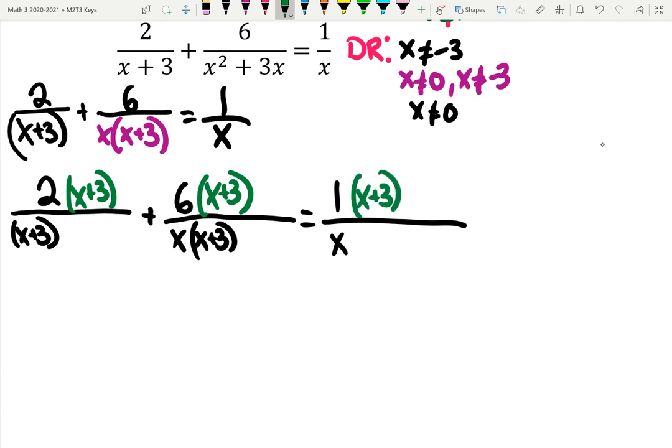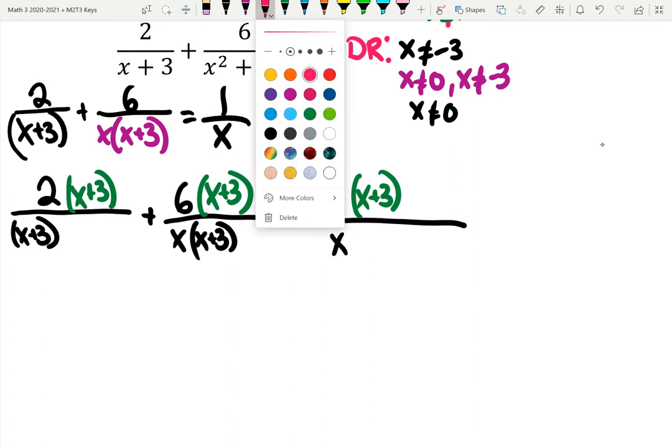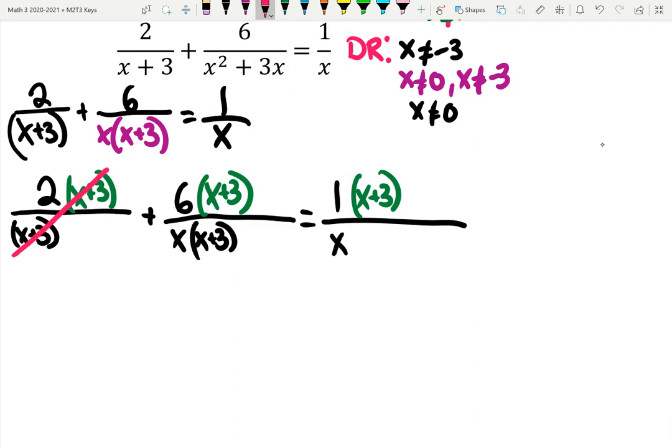You have to multiply the left side and the right side. Let's go ahead and cancel. Boom, boom. And it does not cancel here. So when I rewrite this, 2 plus 6, what's the survivor? x is equal to, well, 1 times x plus 3 is just x plus 3 over x.